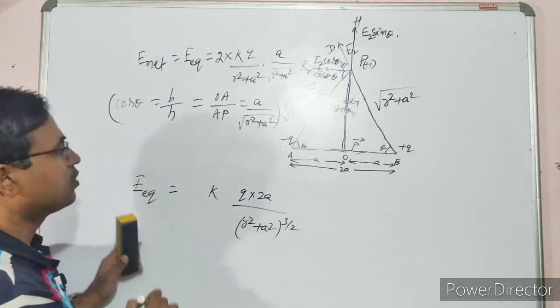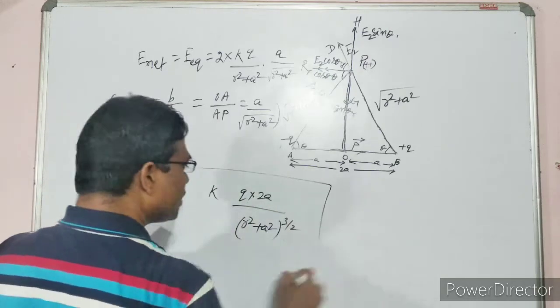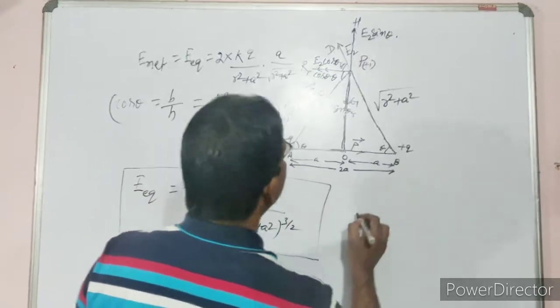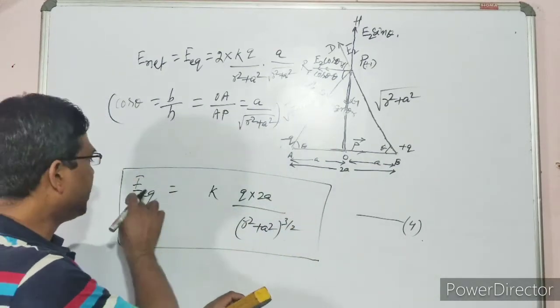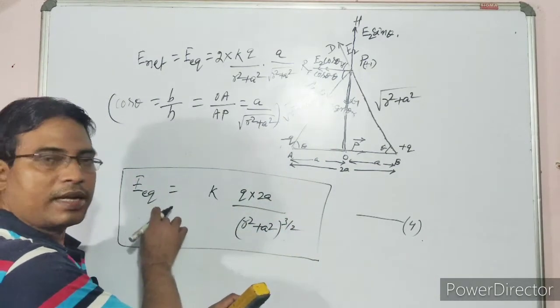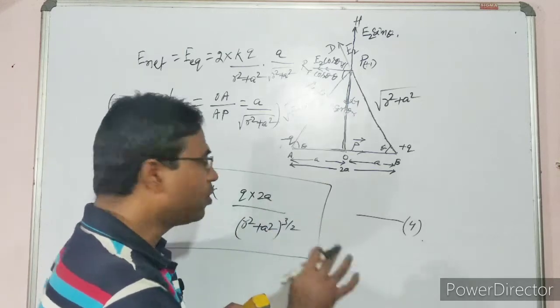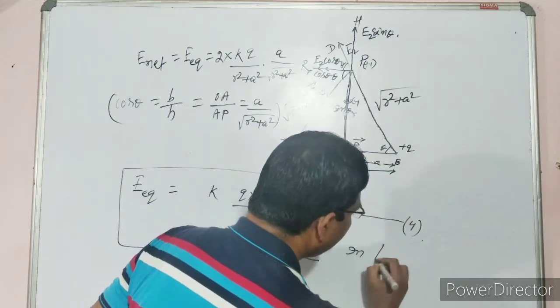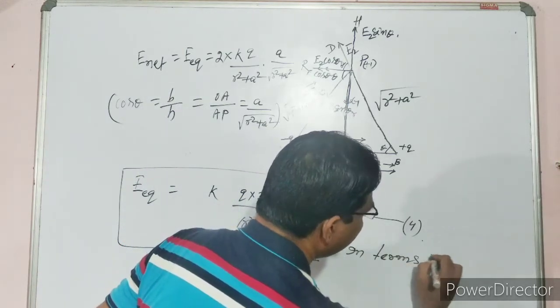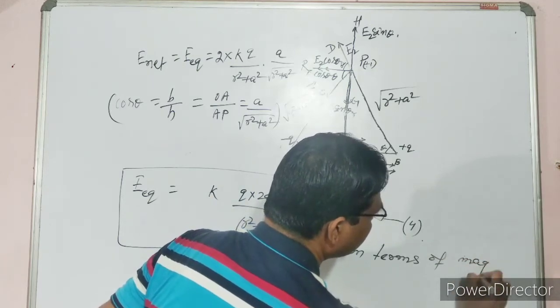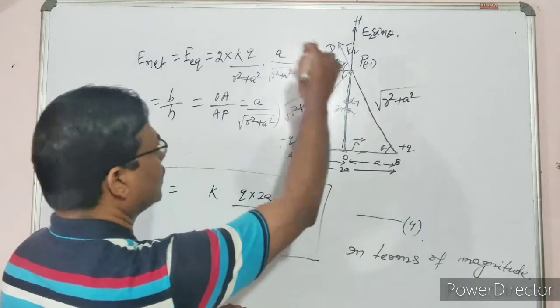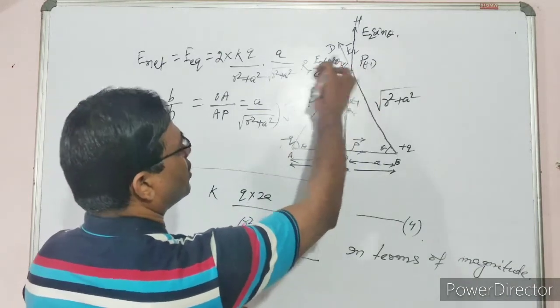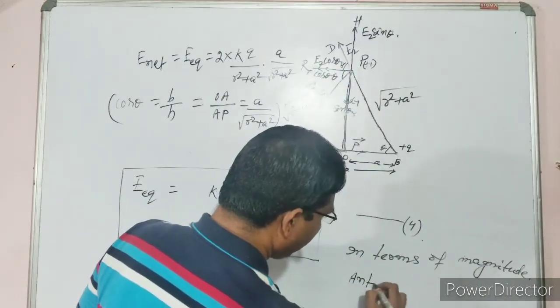Now give this equation as 4. This equation 4 represents the electric field on an equatorial line due to an electric dipole in terms of magnitude. In terms of magnitude. The direction is anti-parallel to the dipole moment vector.